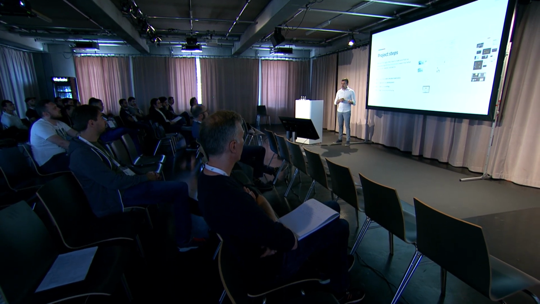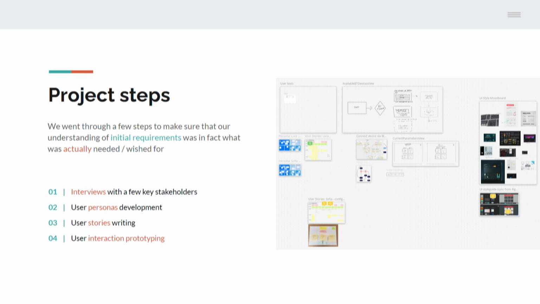So we went from that request and tried to get a bit deeper there by using some user experience research methods that nowadays are quite common in many projects and contexts. And this involved, for example, having interviews with a few stakeholders, that is people that work with the customer or people who work at the customers themselves, and that use the side channel blowers for several different kinds of applications and in different scenarios.